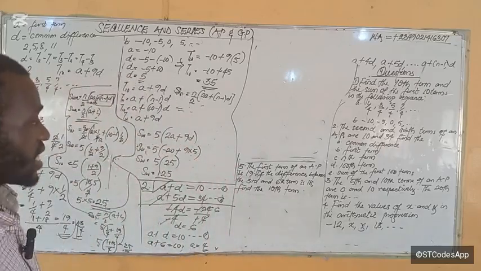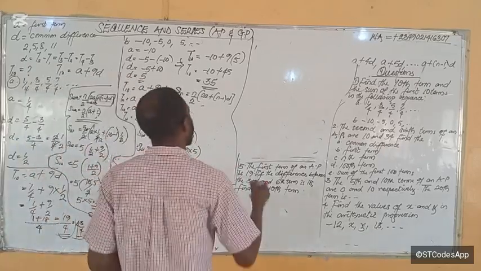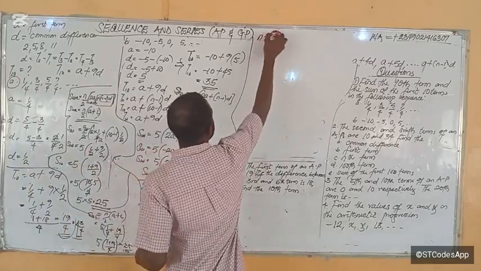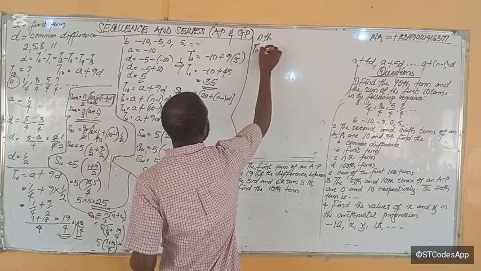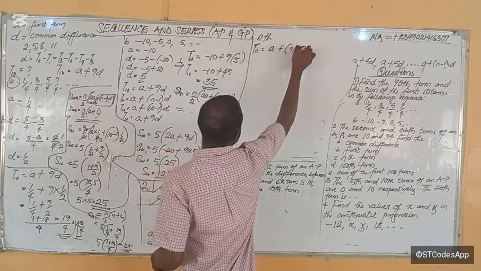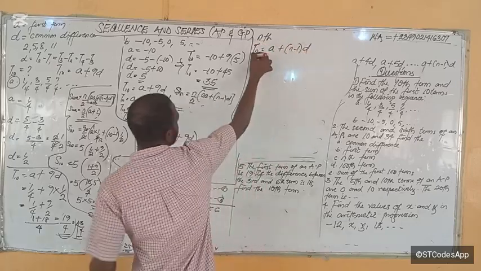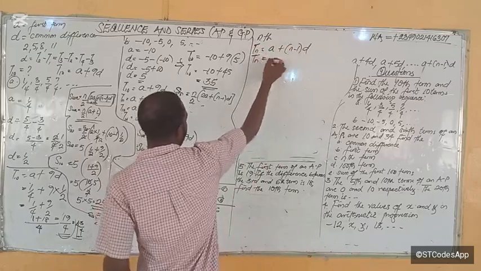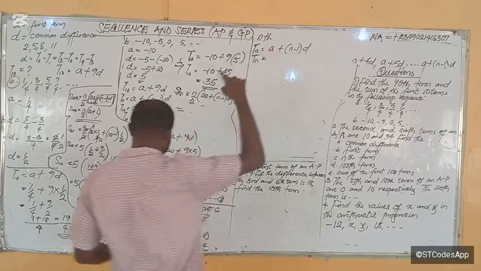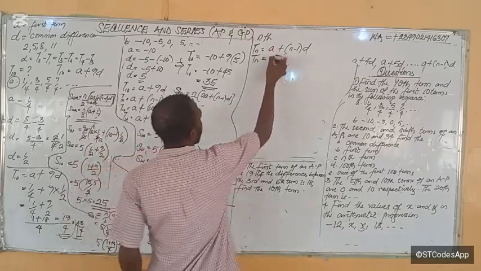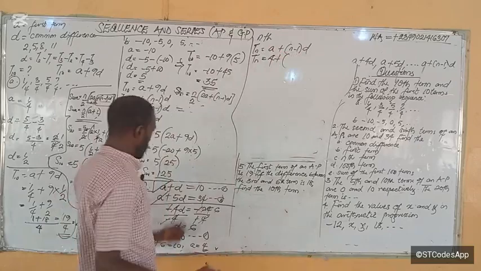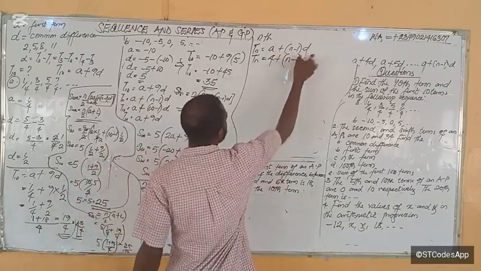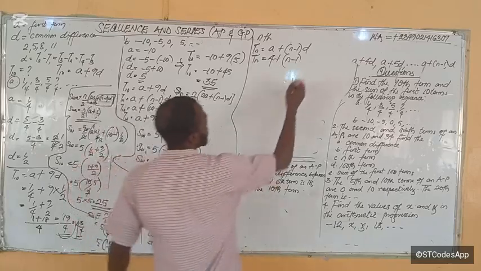Now to solve questions C and D, we have to find the nth term. So what will be the nth term? Remember that Tn is equal to a plus (n minus 1)d, right? So Tn, that's what we're looking for. a is 4 plus (n minus 1), d is 6.